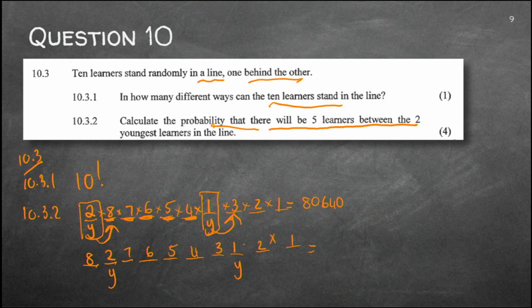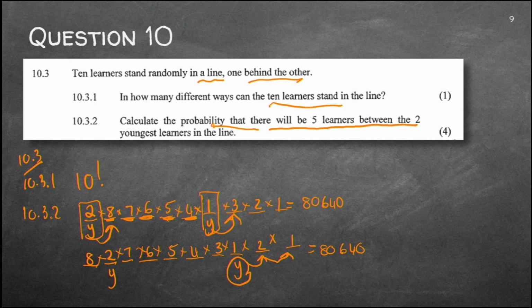So again, we'll get the 80,640 options. So if you look carefully, this last student can still move another 2 places. So actually, we have 4 arrangements we are looking at to fulfill the requirements they're asking for.